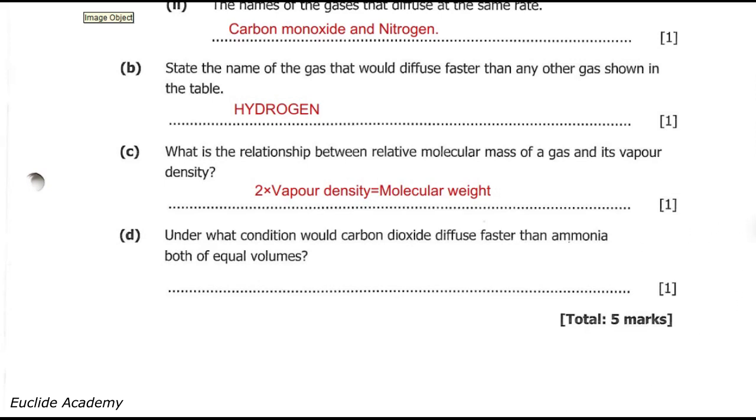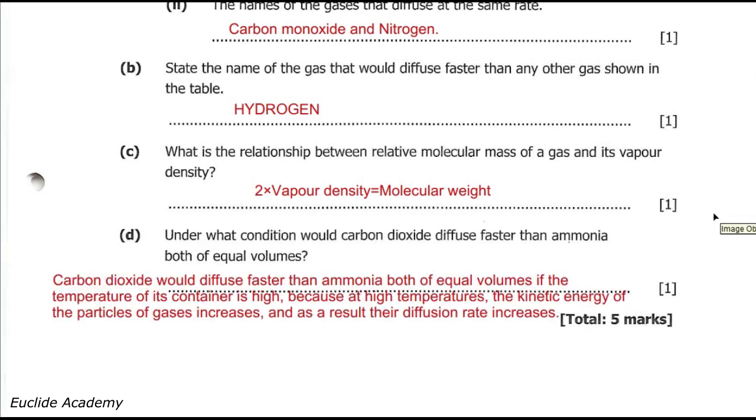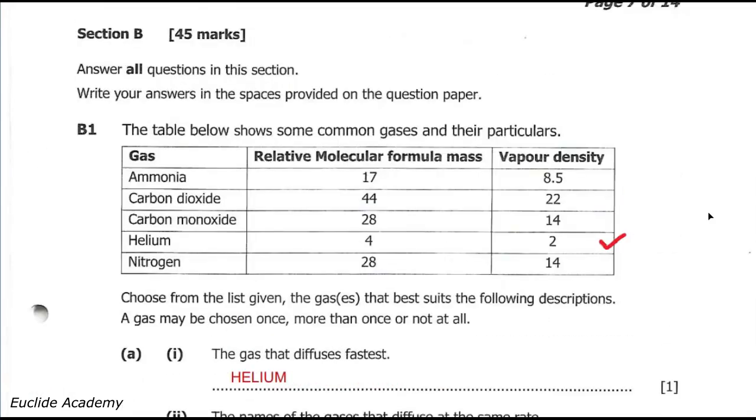If the container for carbon dioxide has got a higher temperature compared to ammonia, then it will diffuse faster, because the kinetic energy of the particles will increase, and as a result the diffusion rate will also increase. That is for carbon dioxide if the temperature of the container is higher compared to that of ammonia gas. So that is how I would answer these questions.